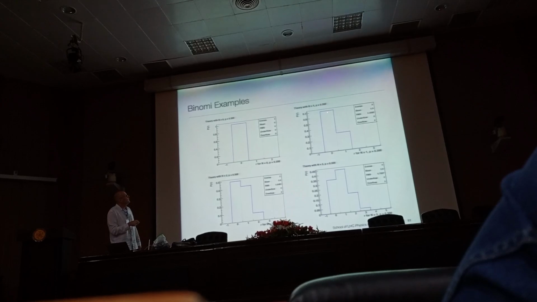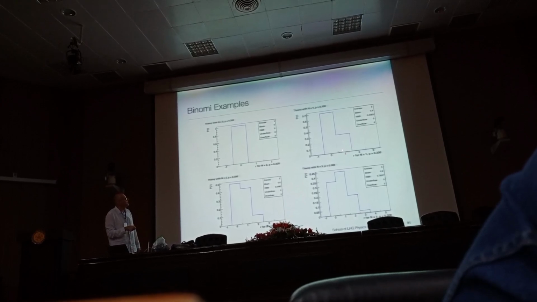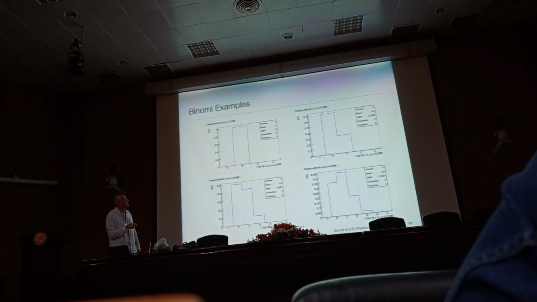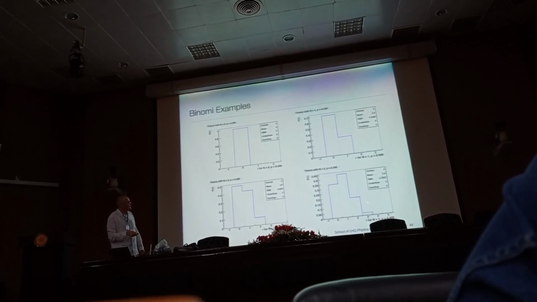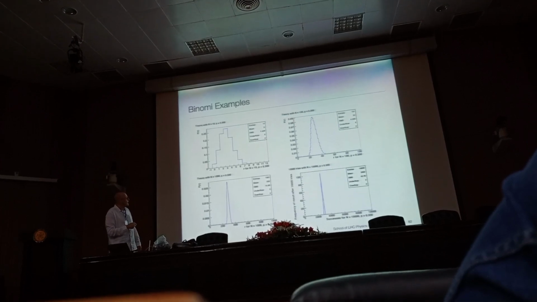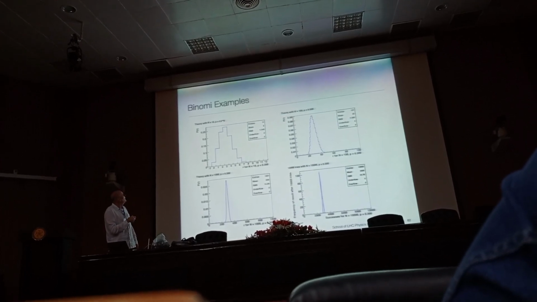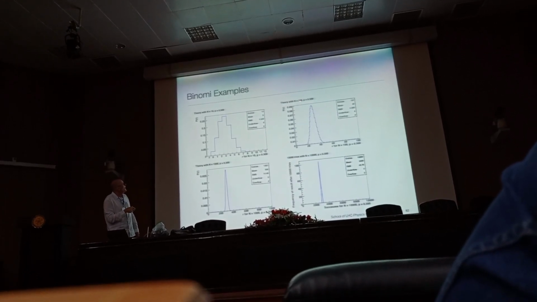For 1 trial, also more or less by definition, the probability to get 1 success is 30%, and 0 successes, that's 1 failure, is 70%. And then it moves on a little bit, becomes a bit more complicated. And then this is now for 10 trials, 100.